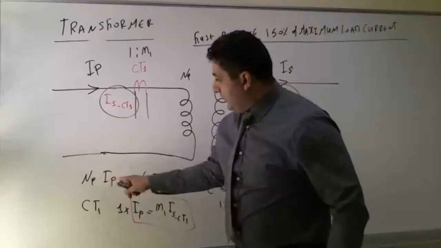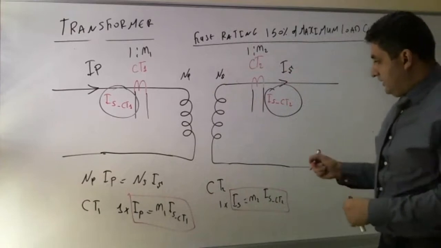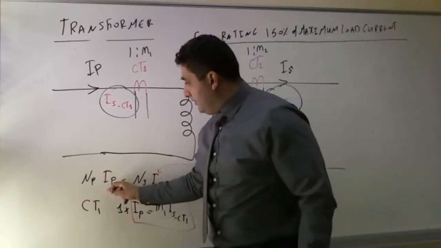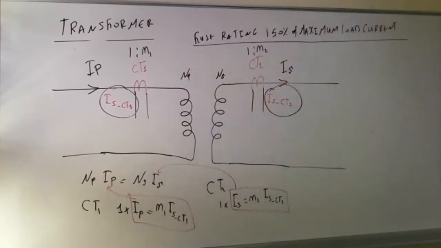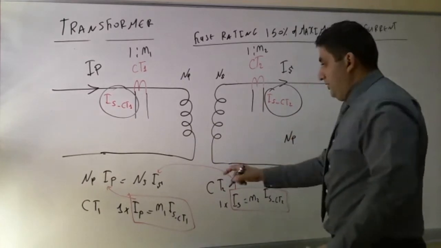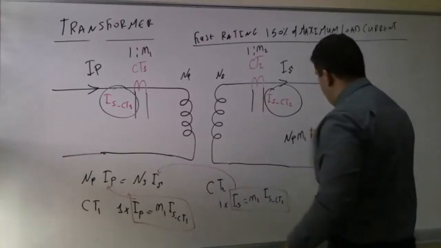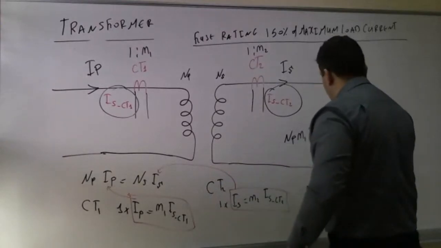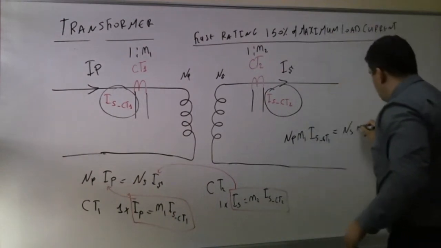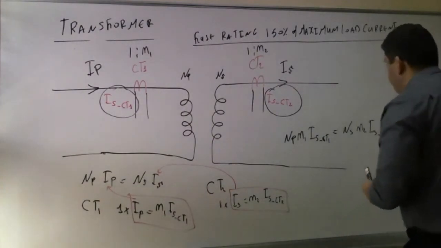If I replace I primary in here and I secondary into this, so I take I secondary, put it back into here, I take I primary into the top. This will give me the following. I have N primary, N1, I secondary of CT1, equal to N secondary, N2, I secondary of CT2.